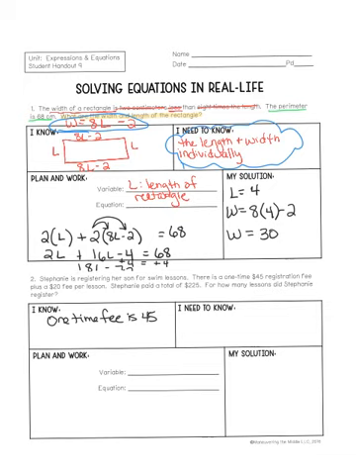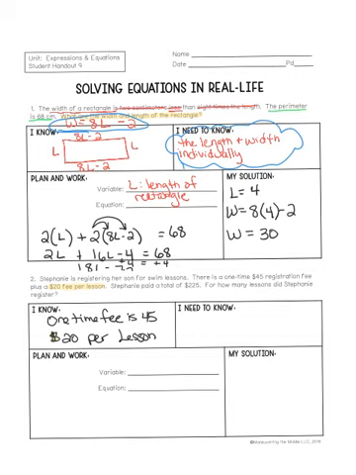So what will change is this $20 fee per lesson. That's where our variable is going to come in. So we have $20 per lesson.